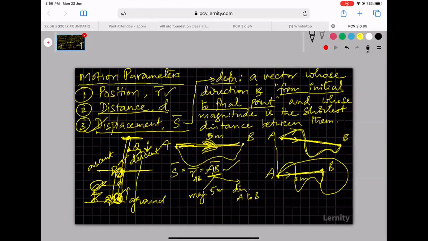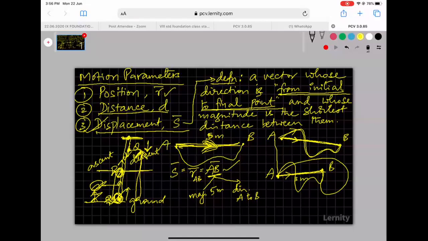So when measured from the ground, the displacement of the object is still upwards, not downwards. What it means is the direction of motion has nothing to do with the direction of displacement. The direction of displacement is always the direction from initial point to final point, irrespective of how the object is moving in that moment.